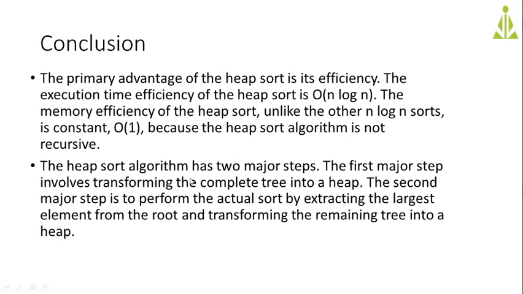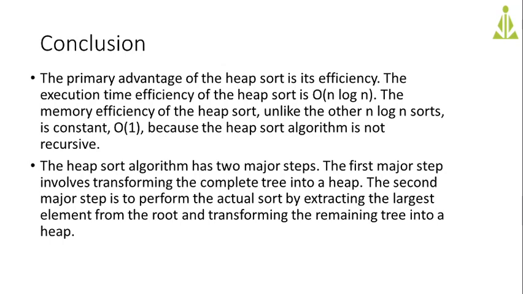The heap sort algorithm has two major steps. The first major step involves transforming the complete tree into a heap. The second major step is to perform the actual sort by extracting the largest element from the root and transforming the remaining tree into a heap.